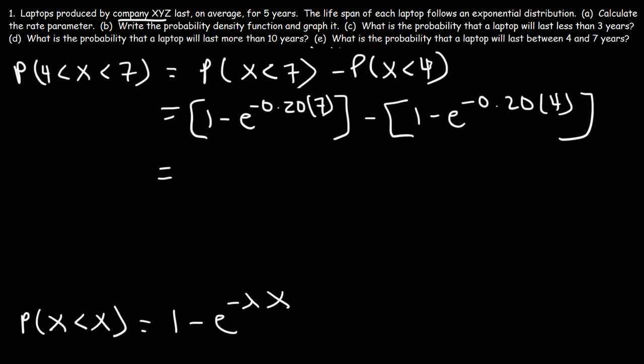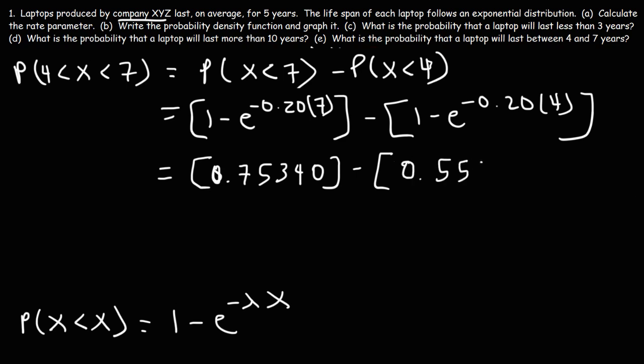So the first part is 0.7534. Now for the second part, 0.20 times 4 is 0.80. So it's 1 minus e to the negative 0.80. And you should get 0.55067.